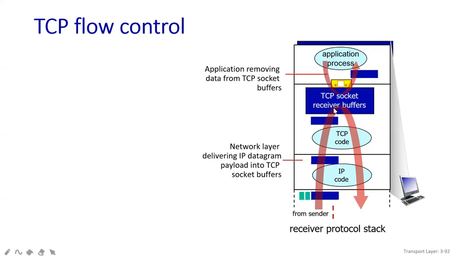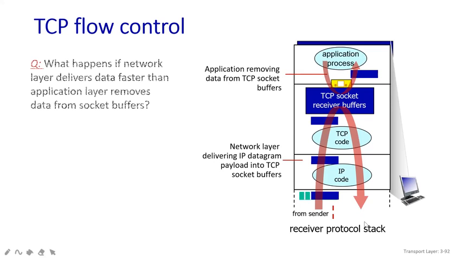Everything it delivers will be inside your receiver buffers. This blue color is known as your receiver buffers. Once the datagrams are delivered here, the application process will start working. It will remove the data from this TCP socket to generate the acknowledgement. Then the acknowledgement is generated, and it goes this way to your sender side.